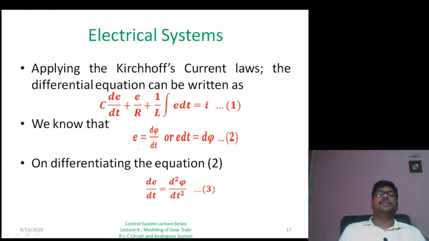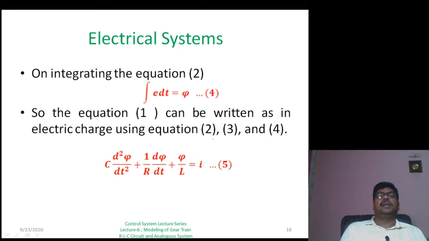If we differentiate this expression with respect to t, d E upon dt equal to d square phi upon dt square, and E can be represented like d phi by dt, and the integration of E dt can be represented with phi. So finally the expression can be represented as C d square phi upon dt square plus 1 by R d phi upon dt plus phi by L equal to I.